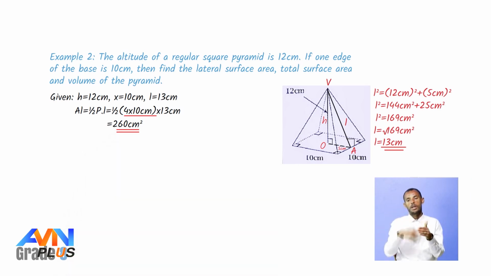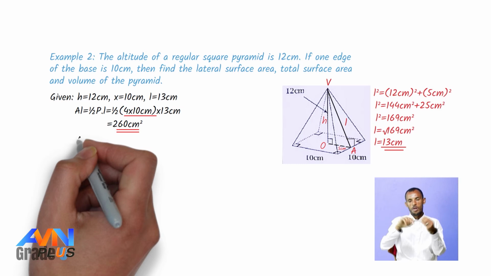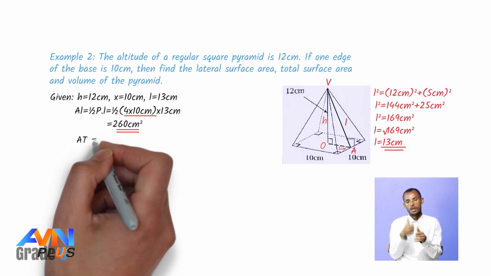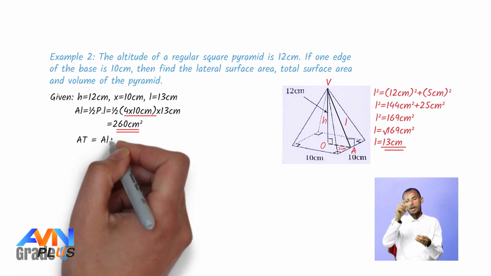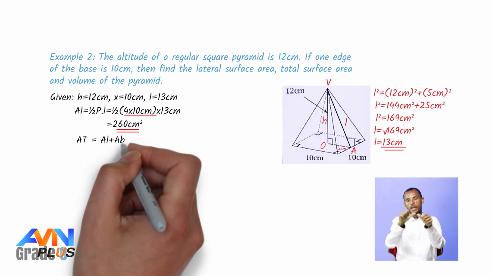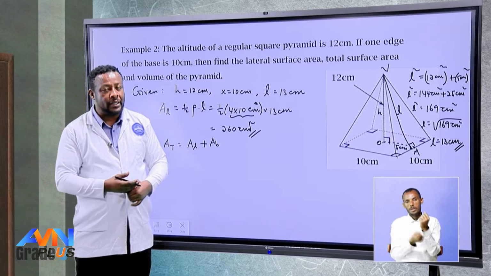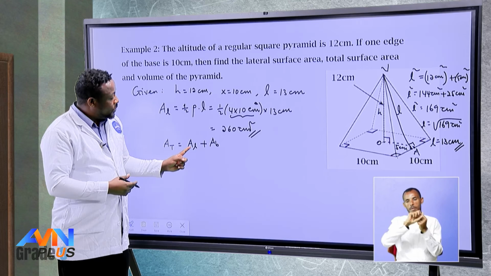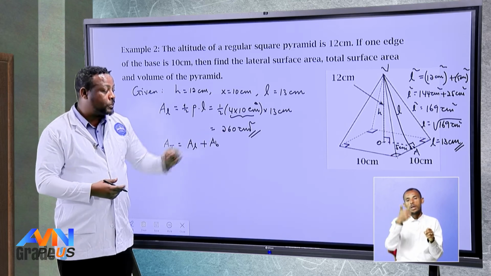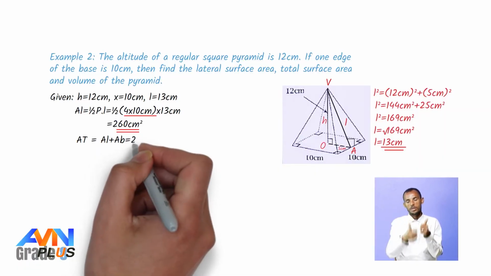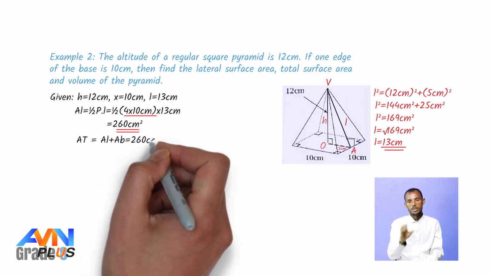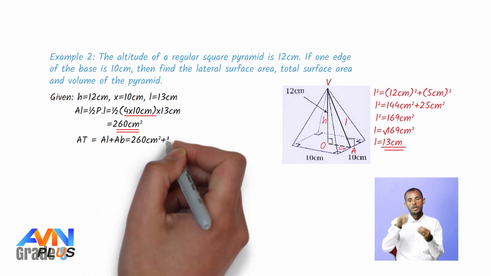The next question is about the total surface area, which is the sum of the lateral surface area plus the area of the base. In fact, we have only one base. So the lateral surface area is already obtained, which is 260 centimeter square, plus the area of the base.